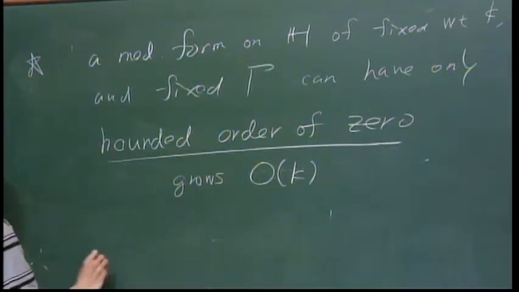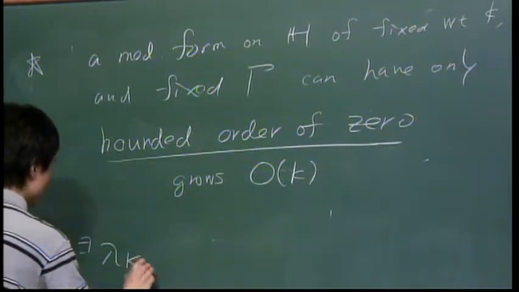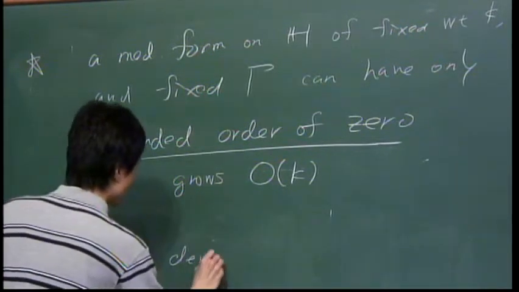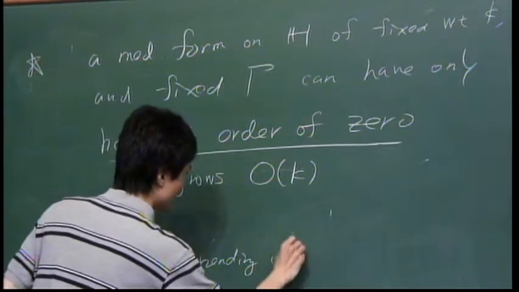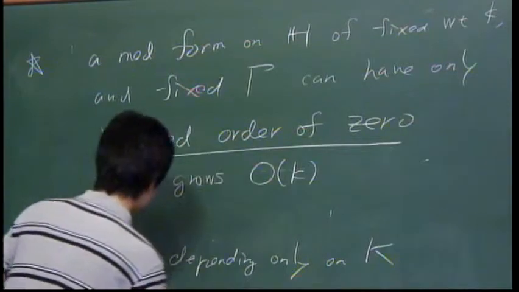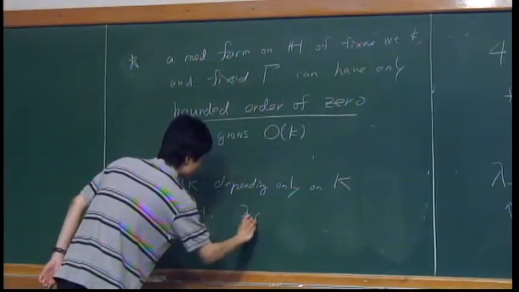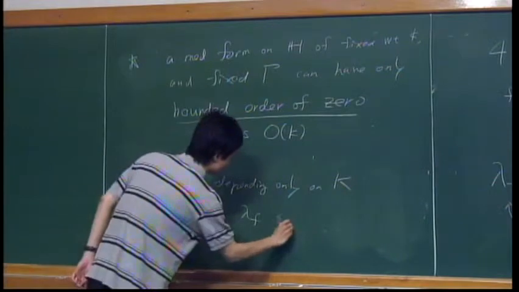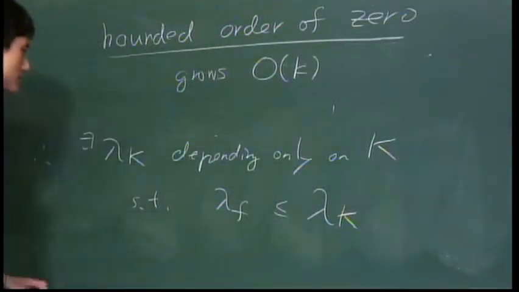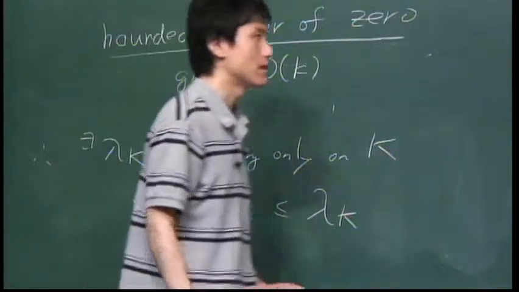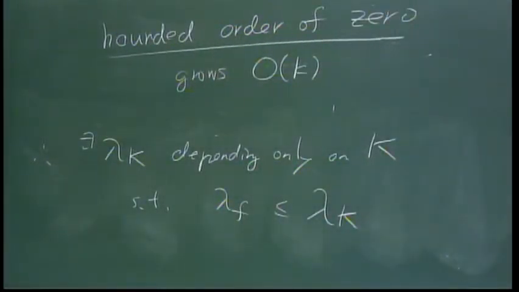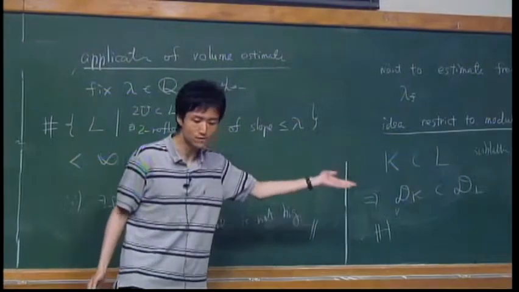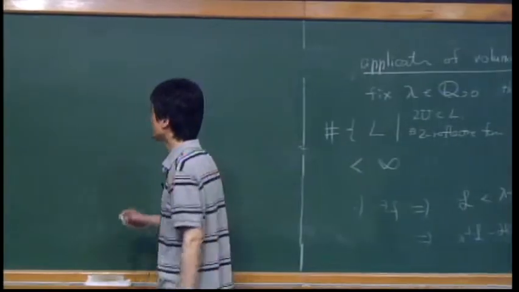So there exists a constant depending only on the lattice, such that the slope of f is bounded by this constant determined by k. So if we have such a generic modular curve, then we obtain a bound of the slope.